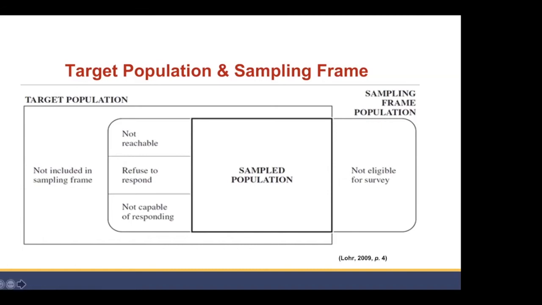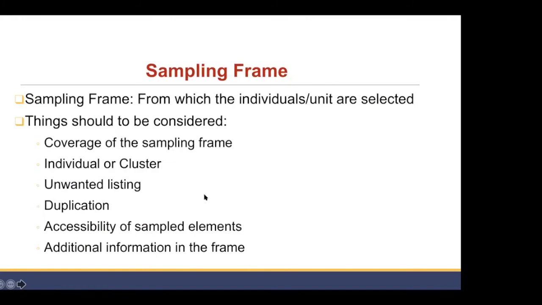In the next slide, I will be discussing the characteristics of a sampling frame that we should consider, and the deficiencies that usually arise when we use a sampling frame to select the sample for our surveys. Next slide, please. As I mentioned before, a sampling frame is basically a list of units or individuals.